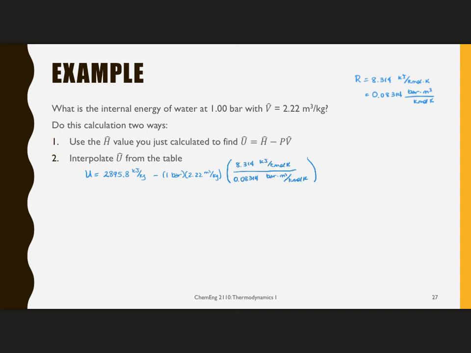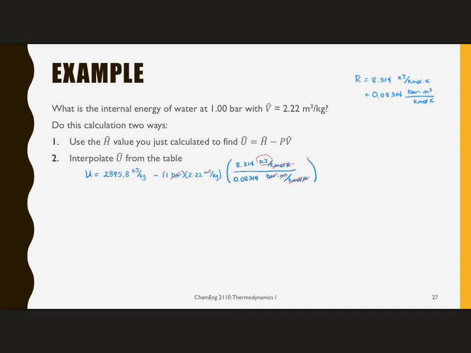In this case, 8.314 kilojoules per kilomole Kelvin divided by 0.08314 bar cubic meter per kilomole Kelvin is equal to 1, right? They're equal to each other. The kilomoles and kelvins cancel with each other. The bars and the cubic meters cancel, leaving me with units of kilojoules.